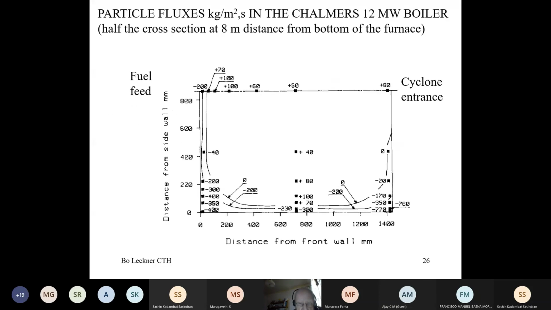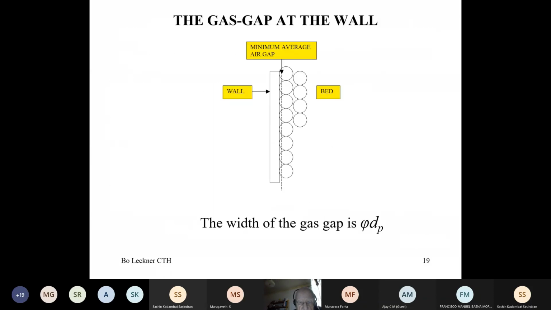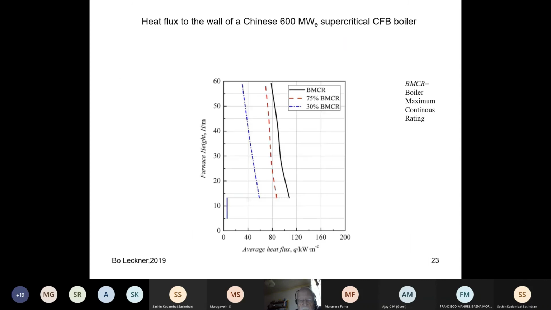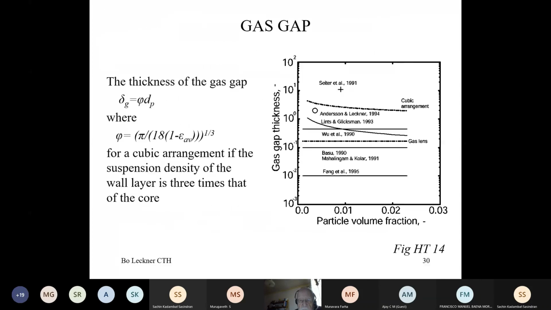Let me come back to this. The gas lenses are shown there for a particular packing of particles. So this is theoretical, simply a measure, and it can also be defined for cubic arrangement of particles, and it looks like this.